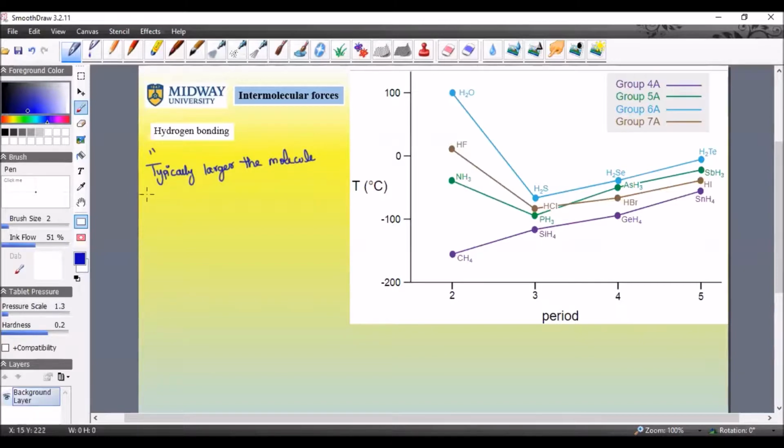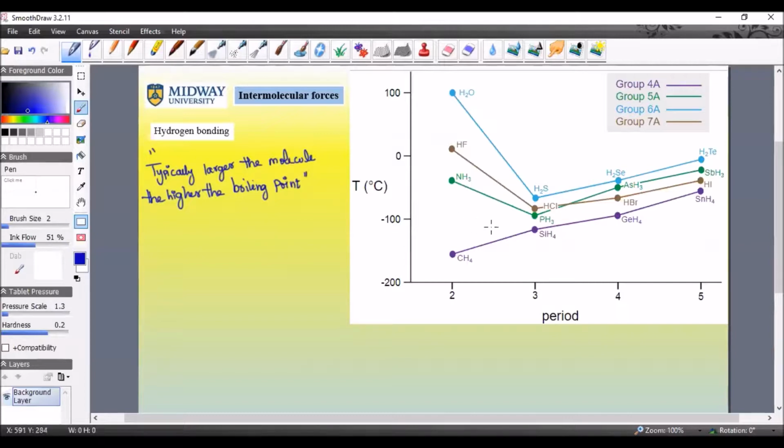Typically, larger the molecule, the higher the boiling point temperature. Now, this is a generalized statement and it works in most of the cases.